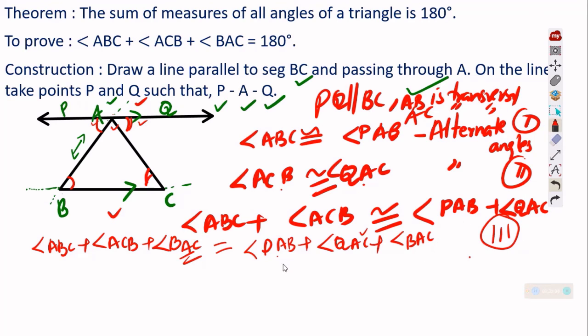This is a linear pair. They are in one line, and that means this is equal to 180 degrees. Then what is on the left side? ABC, this one. ACB, this one. Then BAC, this one, that is the interior of the triangle, which is equal to 180. This one is also equal to 180.